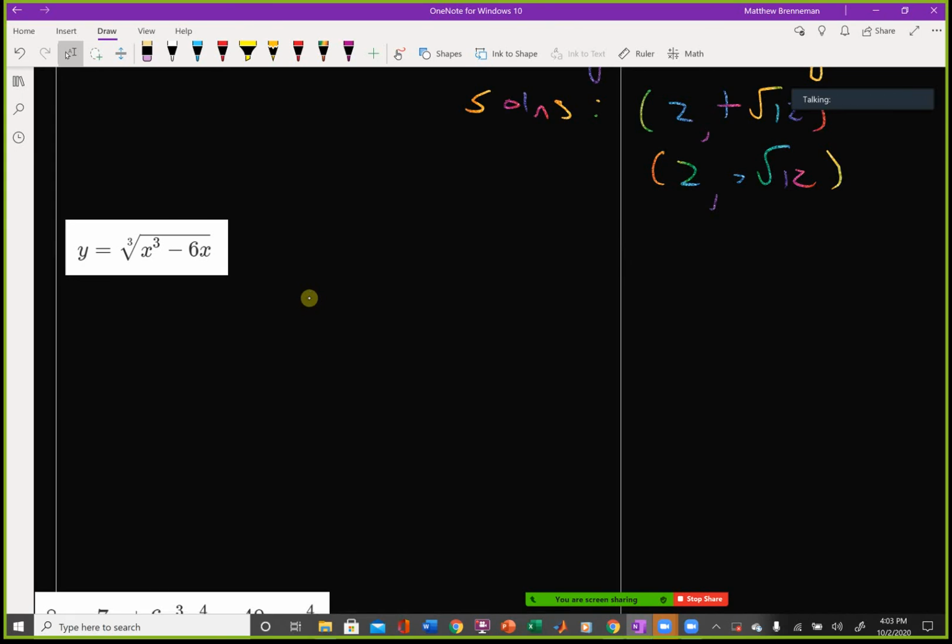The way that you detect the inside function is that it's the thing that annoys you. You say, I could take the derivative of the cubed root of x, but I don't have the cubed root of x. I have this big honking mess right here. That's going to be your inside function. So we know that we're going to use the chain rule. So let's go ahead and use the chain rule.